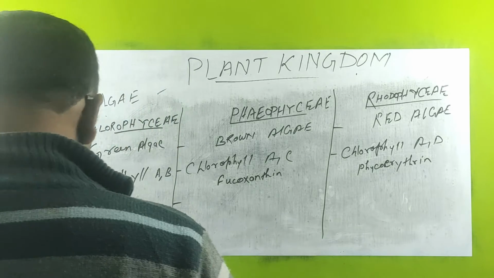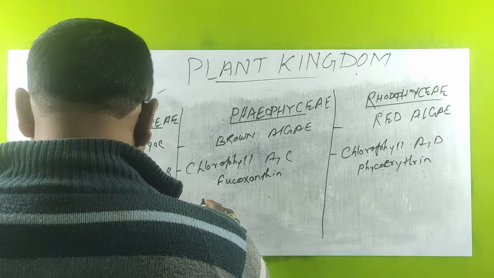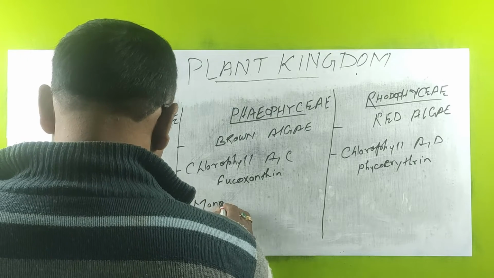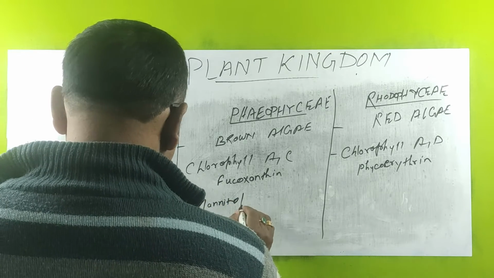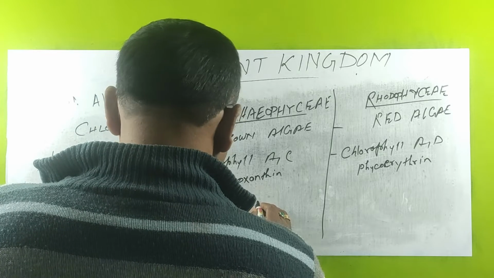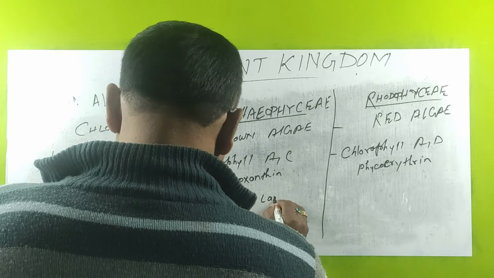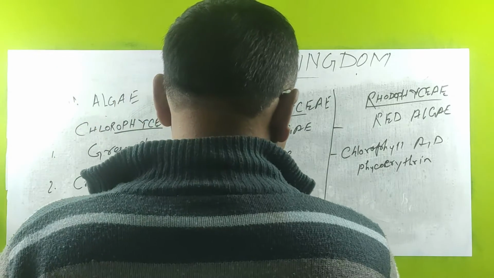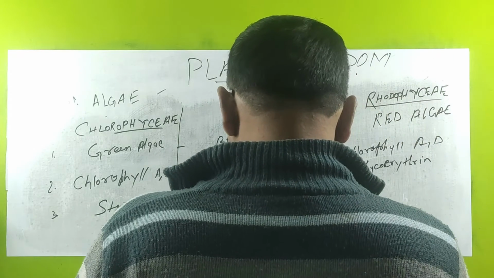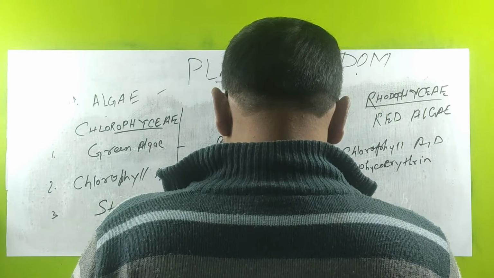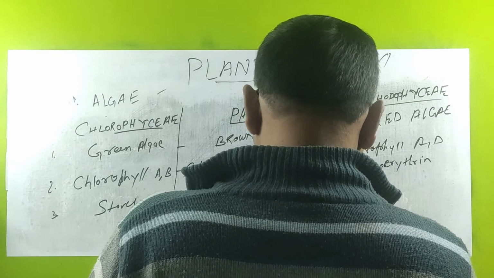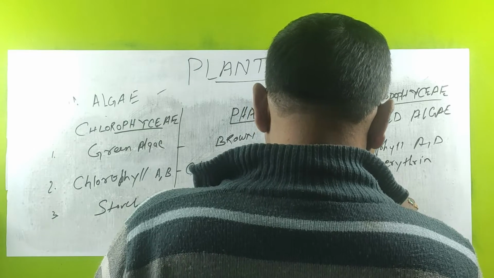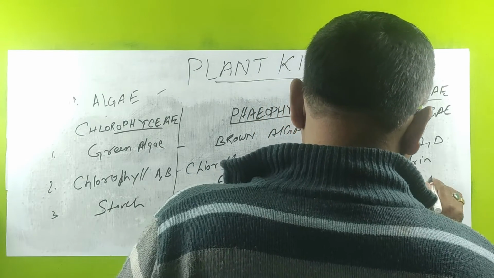In brown algae, it is mannitol and laminarin. And in red algae, it is floridean starch.